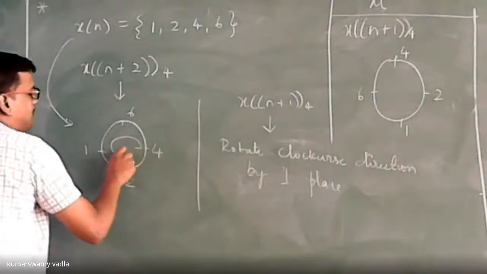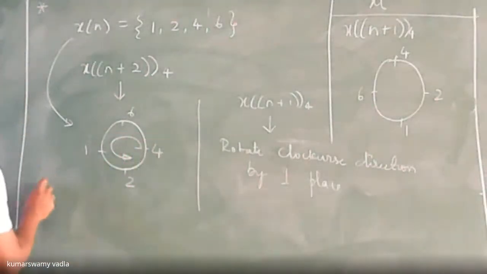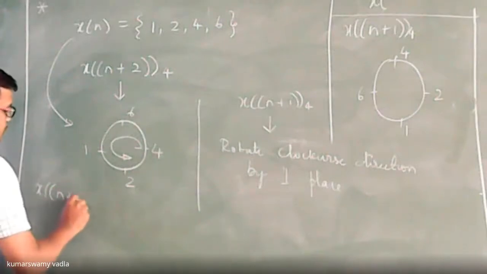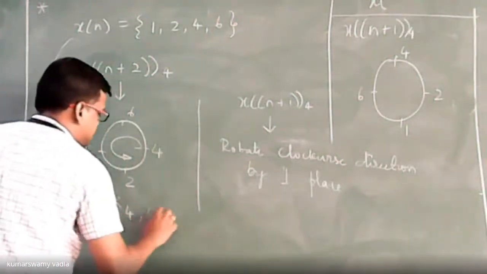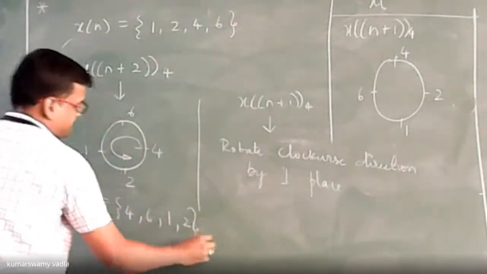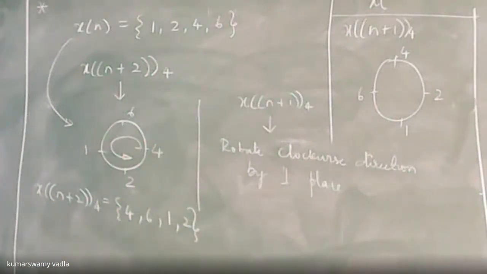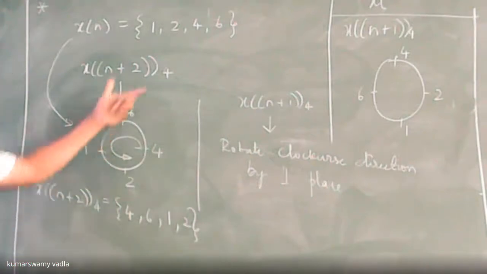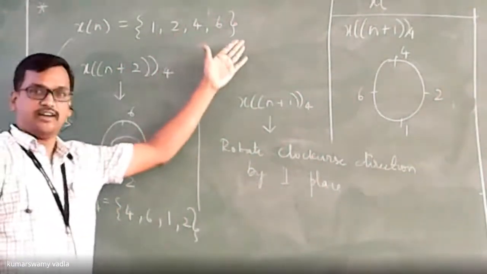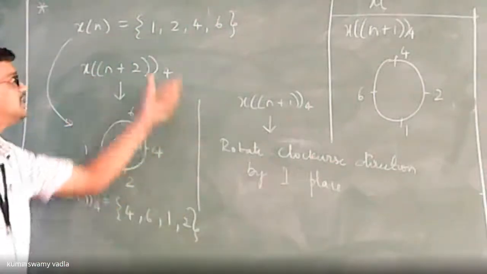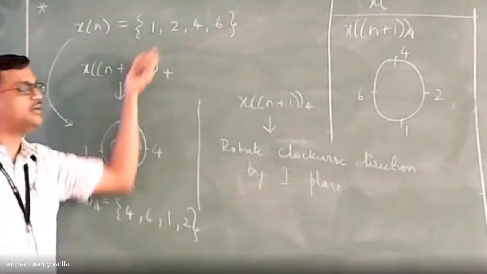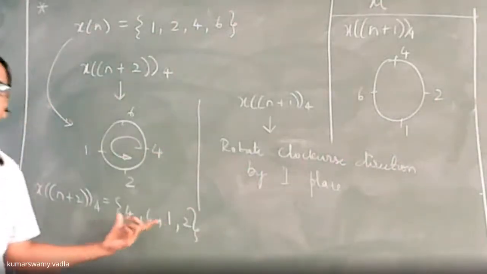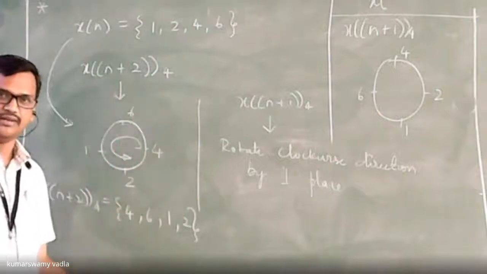Finally, the answer should be represented anti-clockwise, so x of n plus 2 of 4 is equal to 4, 6, 1, 2. Is the point clear here, students? For a delay term, you are shifting it right. For an advanced term, you are shifting it left. Here, 1, 2 came here, and 4, 6 came to the left-hand side. Is this numerical clear for everyone?